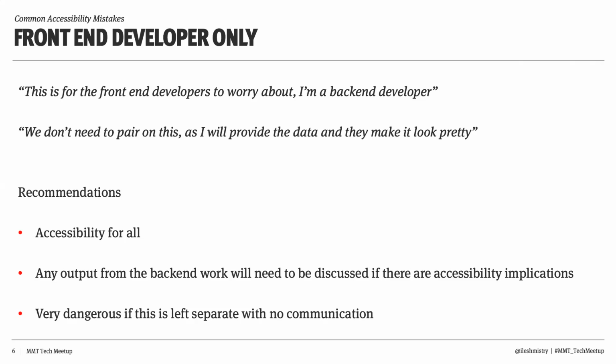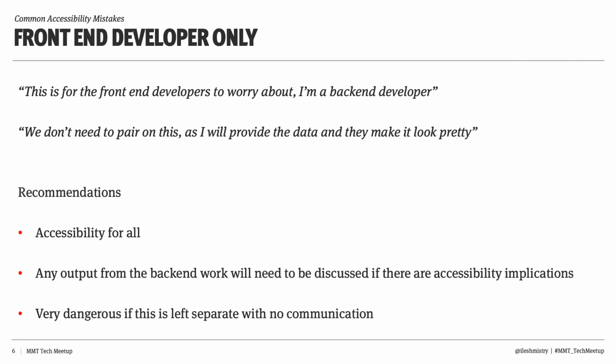And you get comments like, we don't need to pair on this, I'm just going to provide the data and you're the front-end developer, you can just make it look pretty. But that's not how we should be looking at things. We should be thinking about accessibility for all. Any back-end work that comes out has some accessibility implications.